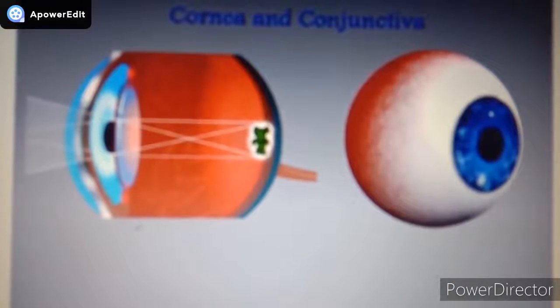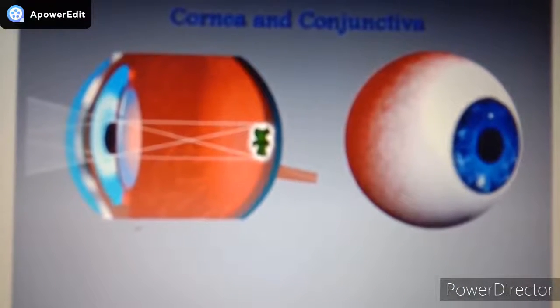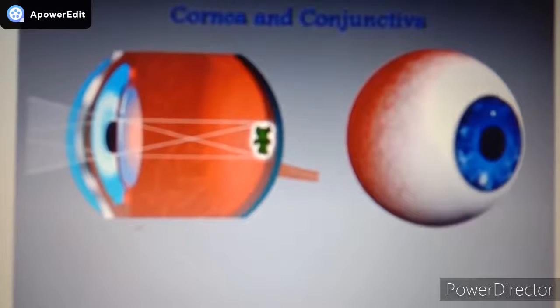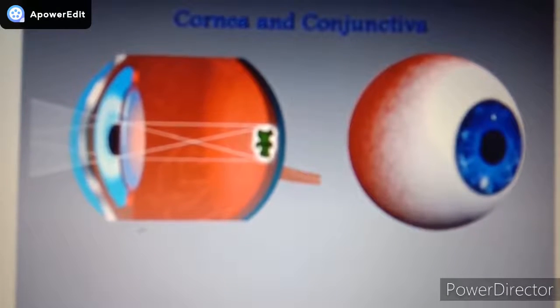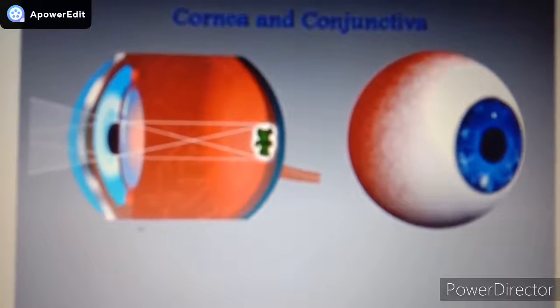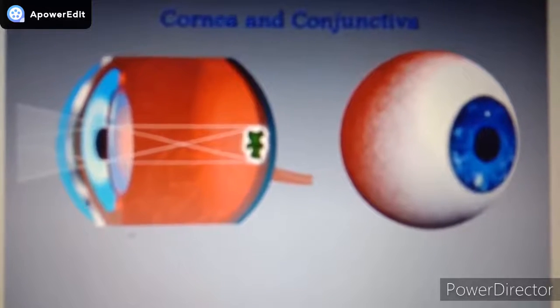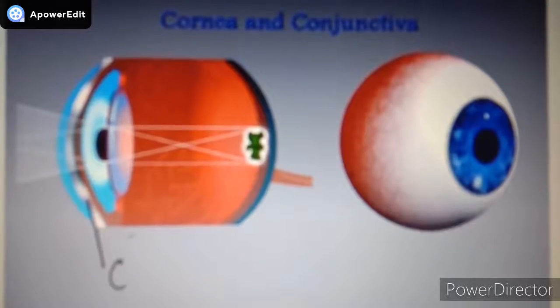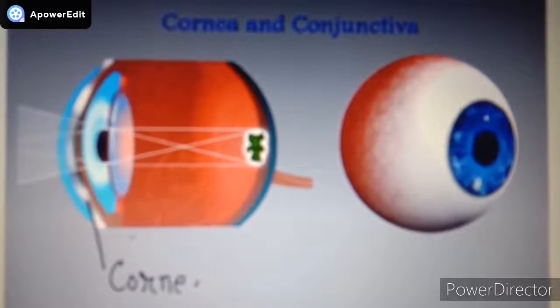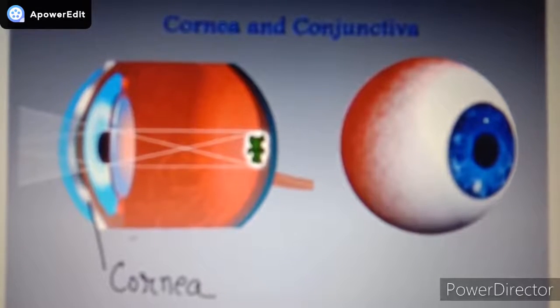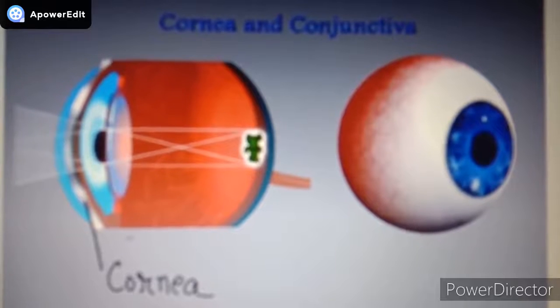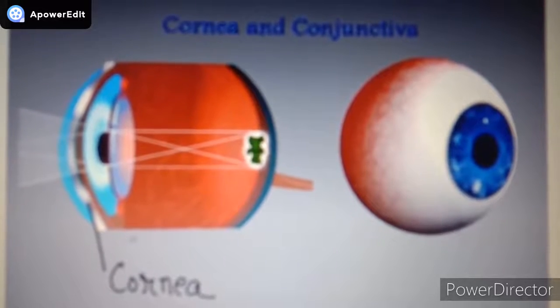Now next is the continuation of the sclera in front of the eye, which is known as the cornea. So this is the cornea of the eye. Here you can see in the diagram, and it is the extension of the sclera.